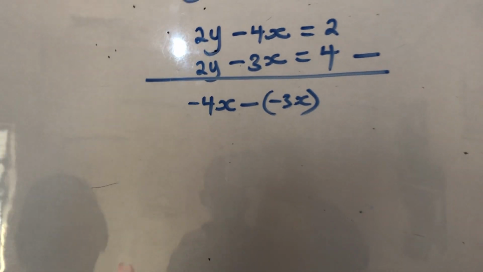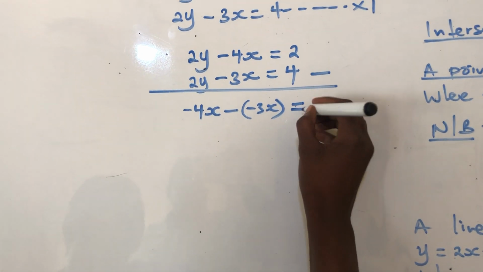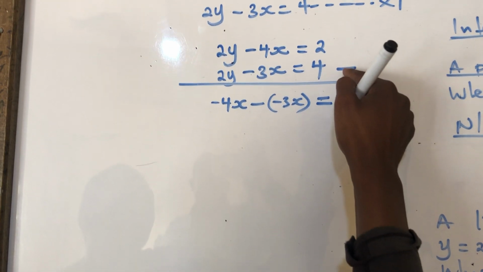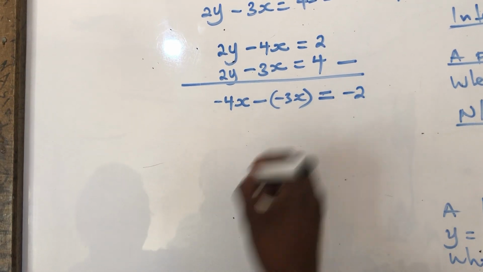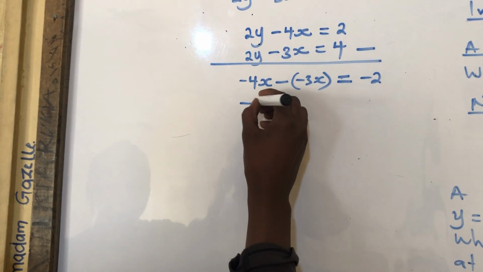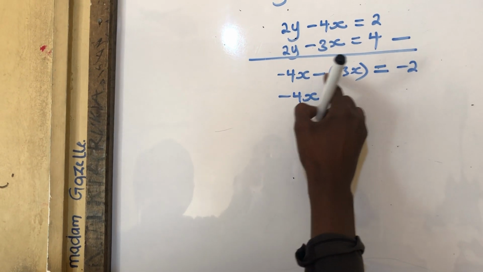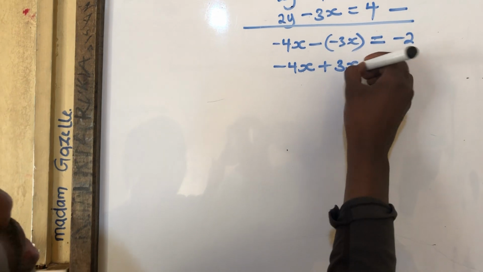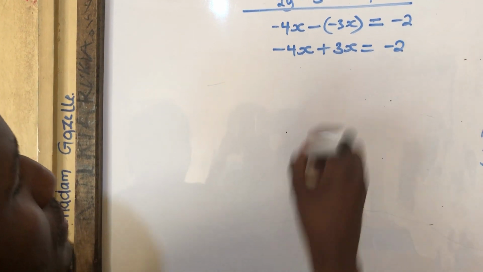We'll give the answer to that one later. Equals 2 minus 4 should give us negative 2. So what will we have here? This will be negative 4x. A negative and a negative should come together into a positive. Is equal to negative 2.